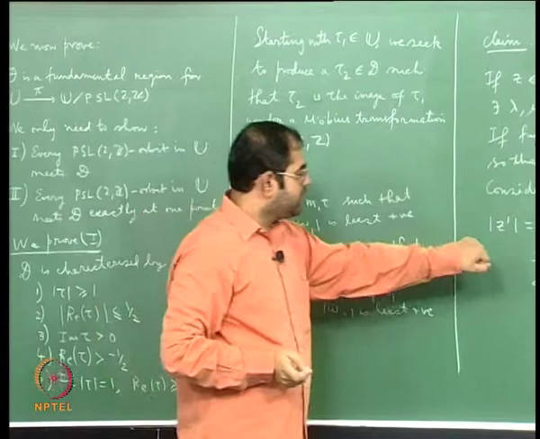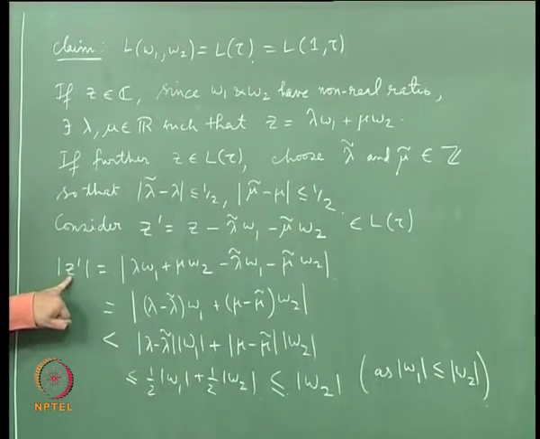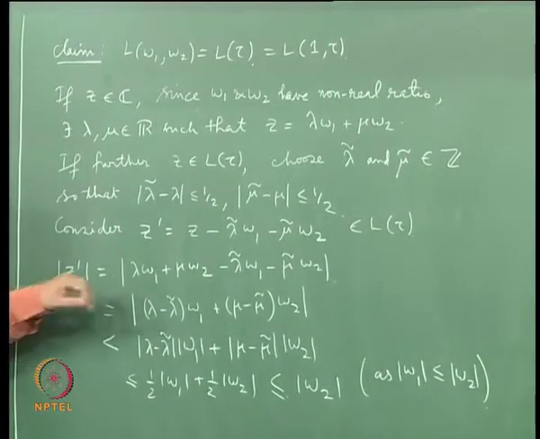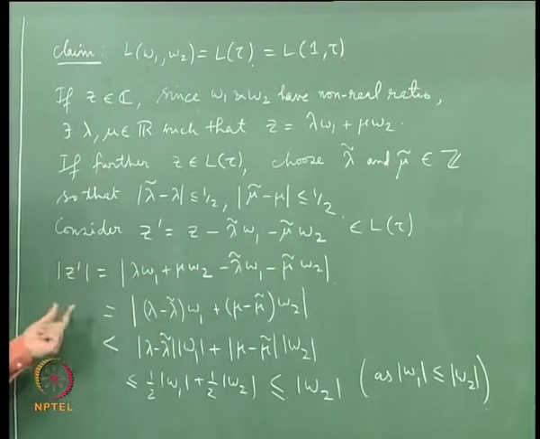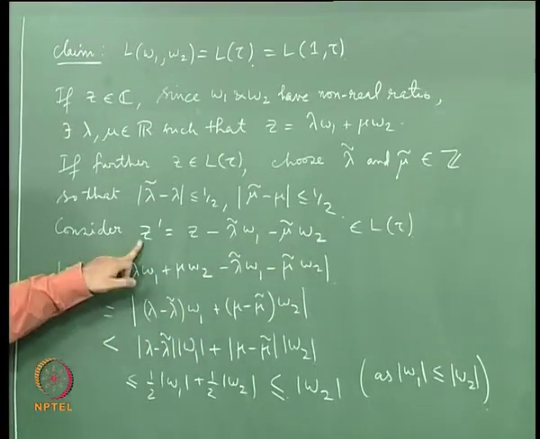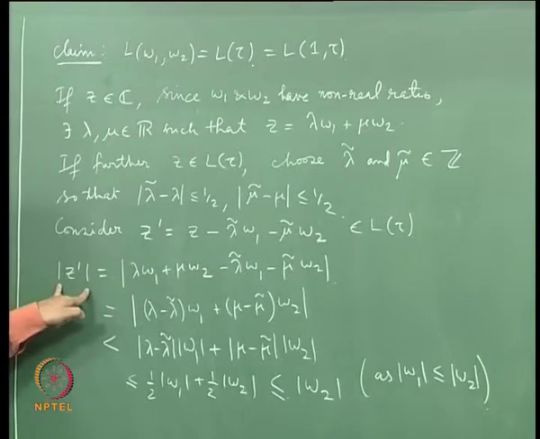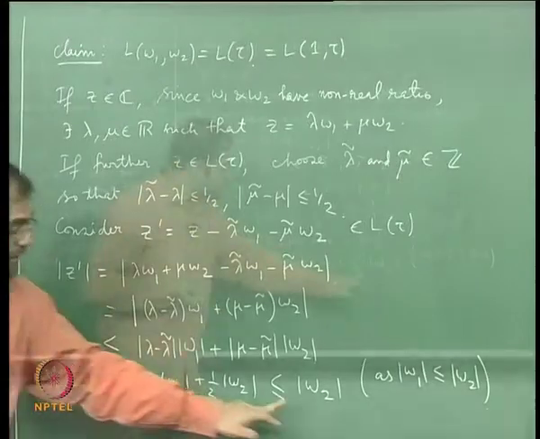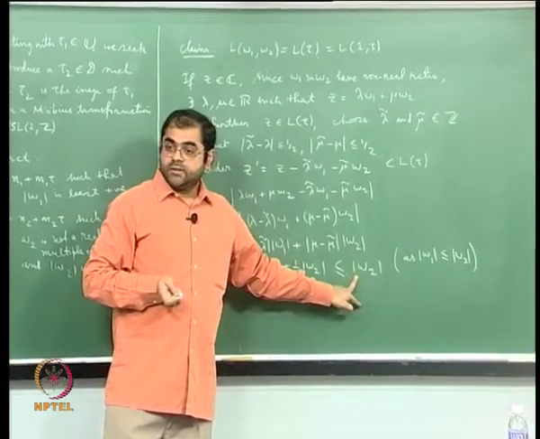So now if you look at it, I have an element of L_τ which has modulus less than |ω2|.